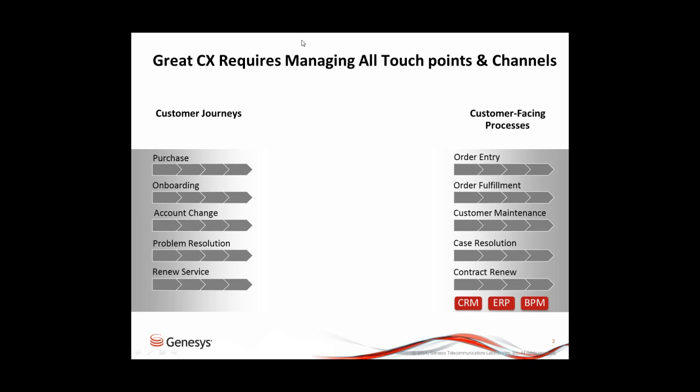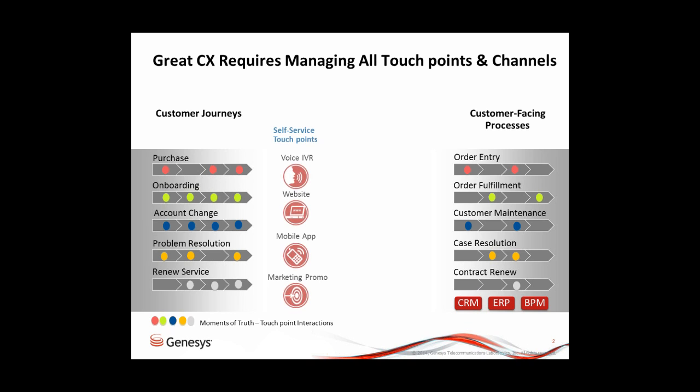So customer experience basically tries to fit together, to integrate together these touch points that include many moments of truth, many touch points between the customer and the enterprise through a variety of channels and devices to these internal processes. And this mapping exercise is of course not simple at all.